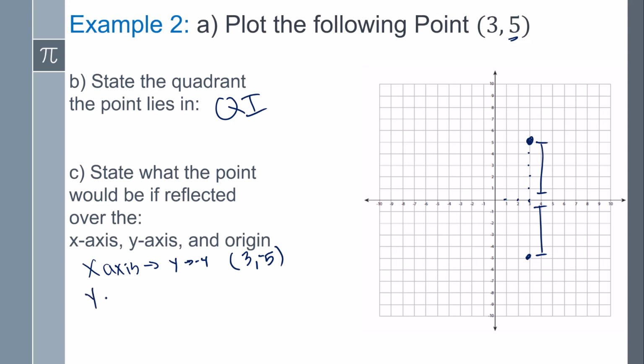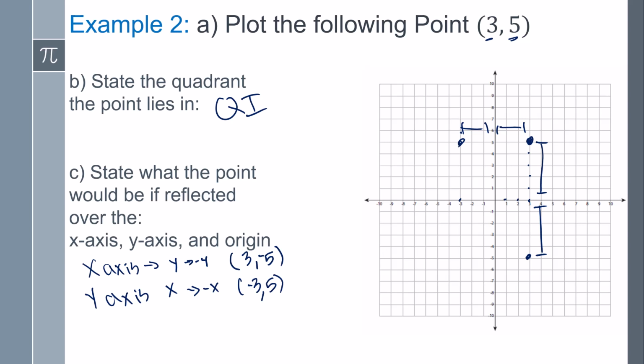If I wanted to find the reflection about the y-axis, that means I have to replace the x with a negative x. So replacing the 3 with a negative 3, I get (-3, 5). This distance has to be the same as that distance.